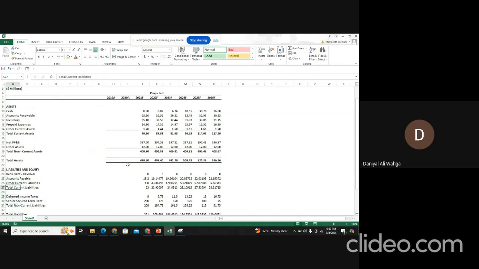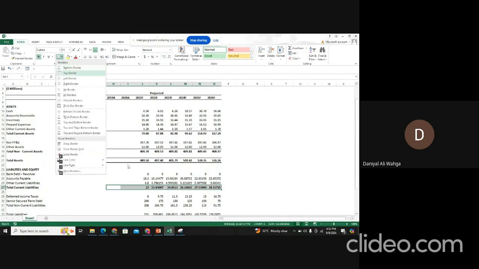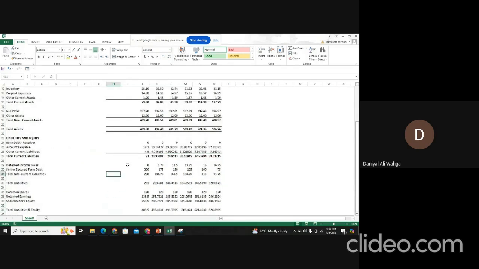My current liabilities, Control B, Alt H B, and adding our top border. You can see that some small formatting doesn't require a lot of time, and I'm just formatting it.